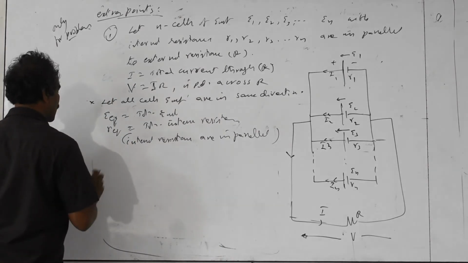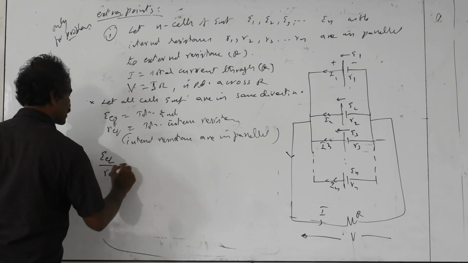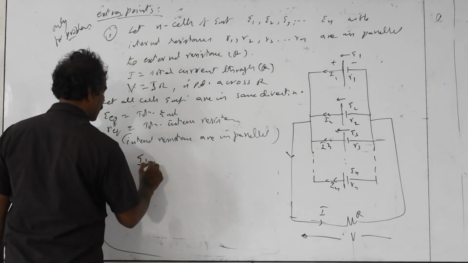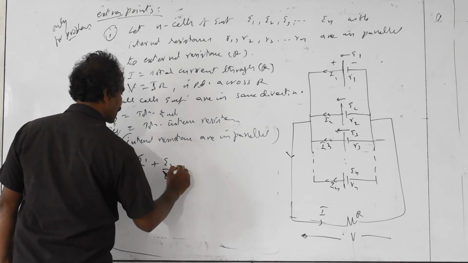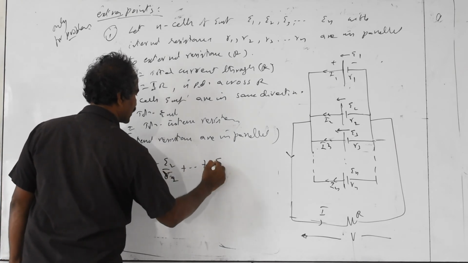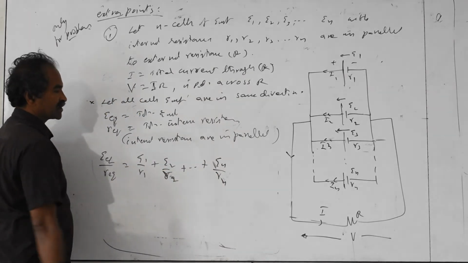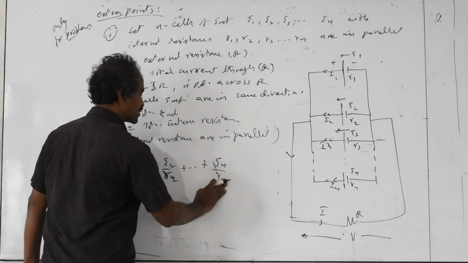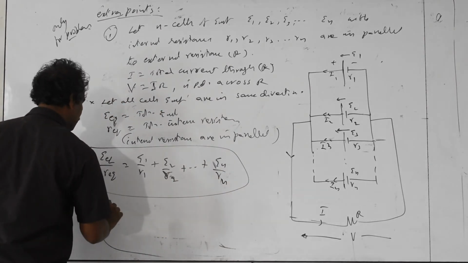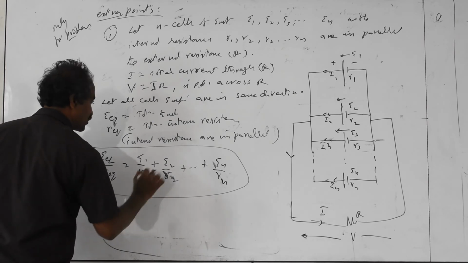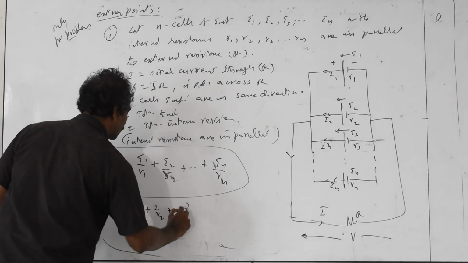The relation is E equivalent by R equivalent equals E1 by R1 plus E2 by R2 plus and so on plus En by Rn. If they are taking 3, you take only up to 3 terms; if they are taking 10, take up to 10 terms. This is one relationship. And for internal resistance, 1 by R equivalent is the reciprocal, as they are in parallel: 1 by R1 plus 1 by R2 plus and so on plus 1 by Rn.